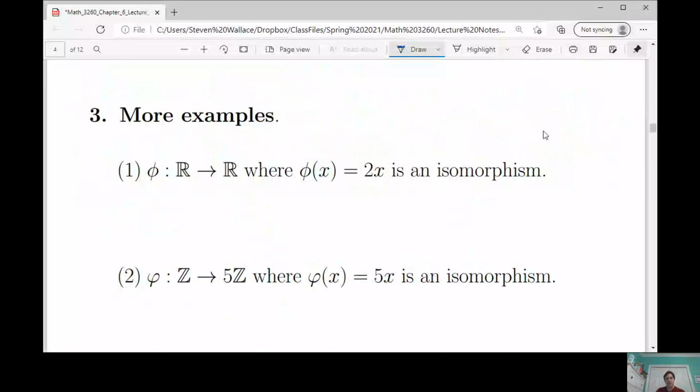So one thing you have to notice is, is it onto? We'll let y be in R, then x equal to half of y will map to it.